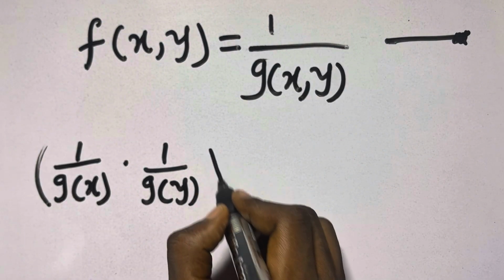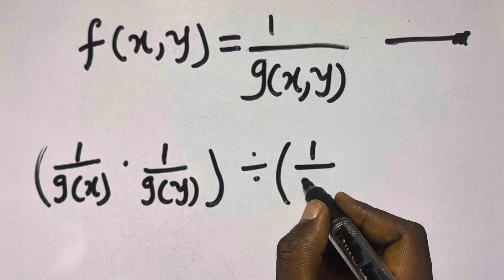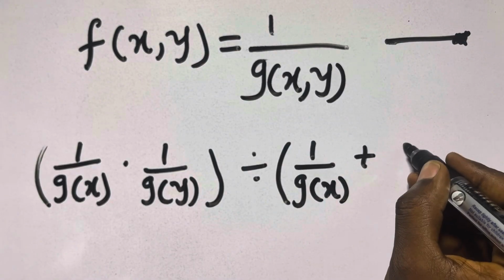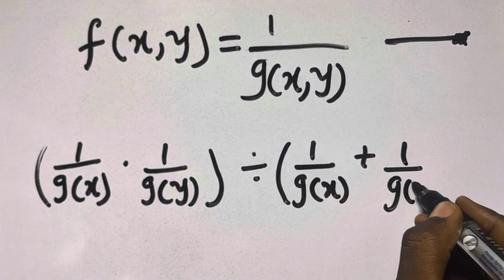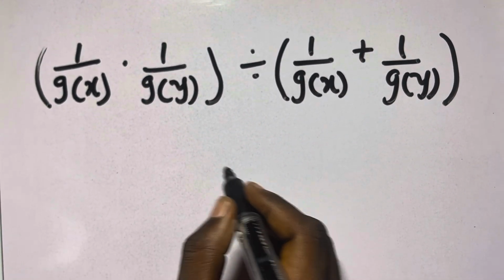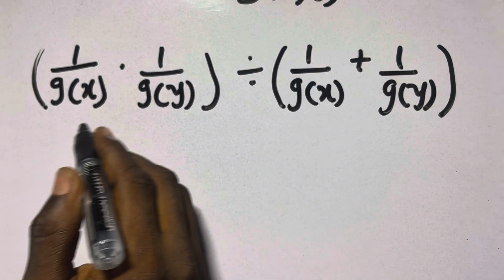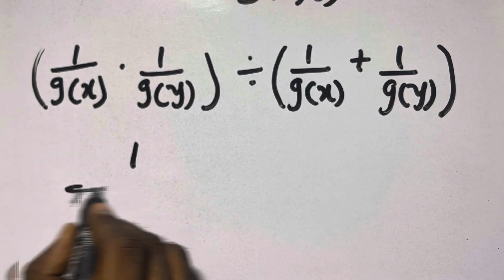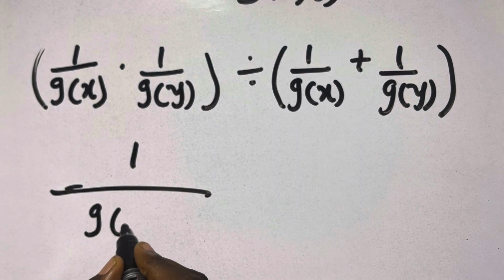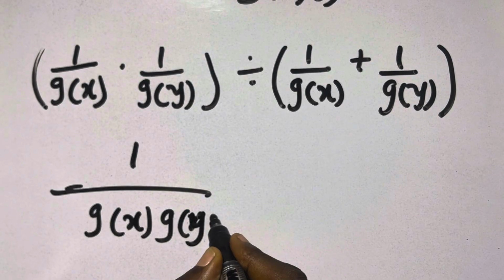So this is divided by 1 divided by g of x plus 1 divided by g of y. Since this is multiplication, we just multiply out the expression so that we have 1 divided by g of x multiplied by g of y.